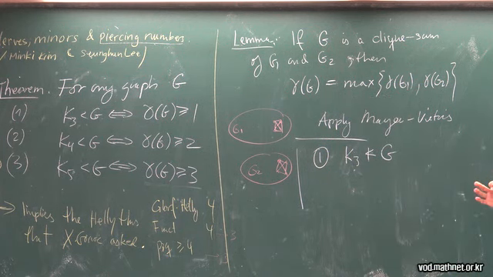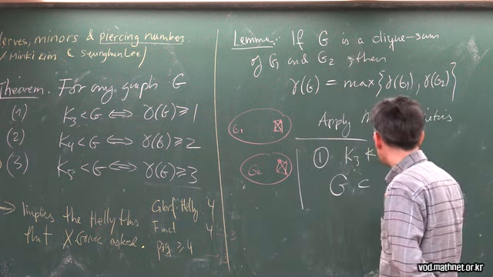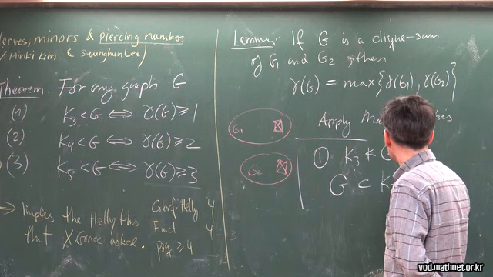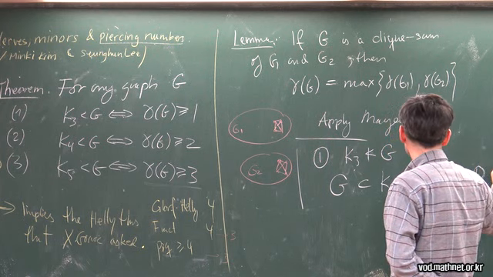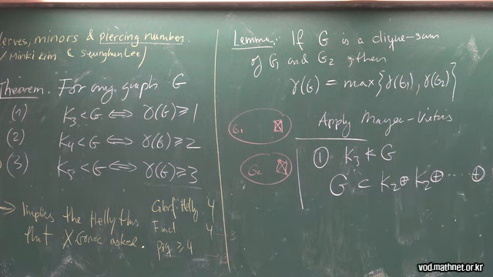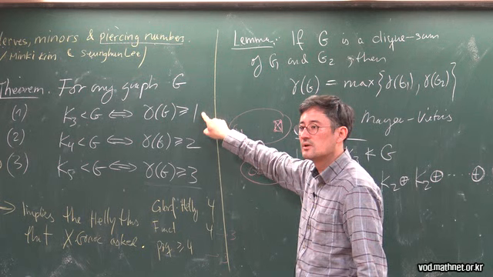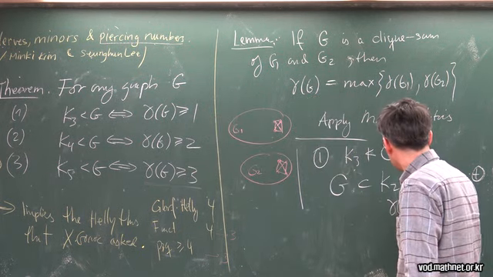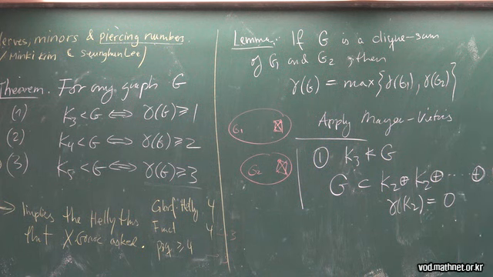And G will then be a subgraph of a clique sum of K2s. You get a tree by just gluing edges together. And so therefore, you get this one, because the dimension of K2 is 0.